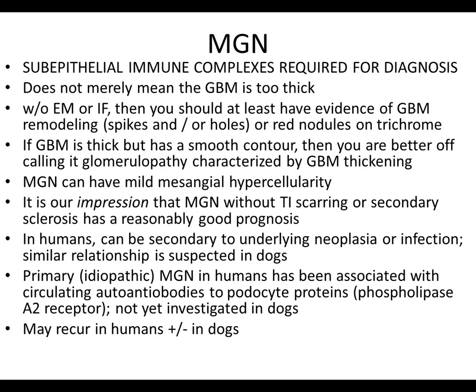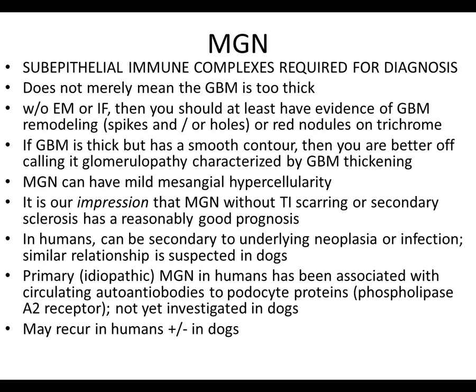So thank you for picking up, because I do talk very quickly. Membranous used to be a disease where histologically there was a thickened glomerular basement membrane. And now we have modified that, and it's specifically a disease that has to have immune complexes.